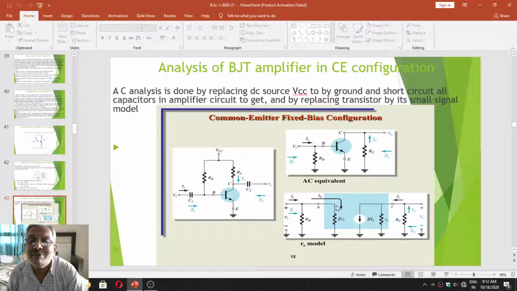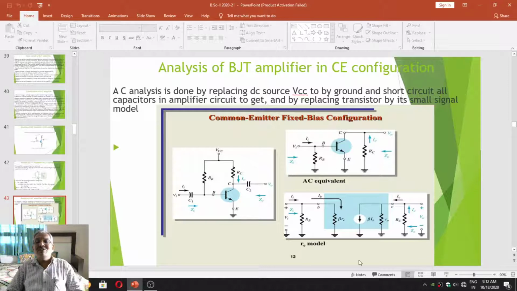IB is the base current that flows through the input, which is equivalent to the II. VI is the input signal that we have applied. ZI is the input impedance or RI is the input resistance. The collector current IC that flows through the collector will develop voltage VO or VC across the output resistance RC. IO and IC are the output current that flows, ZO is the output impedance or RO is the output resistance.